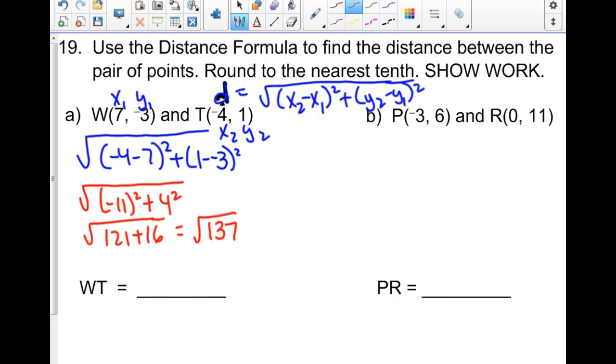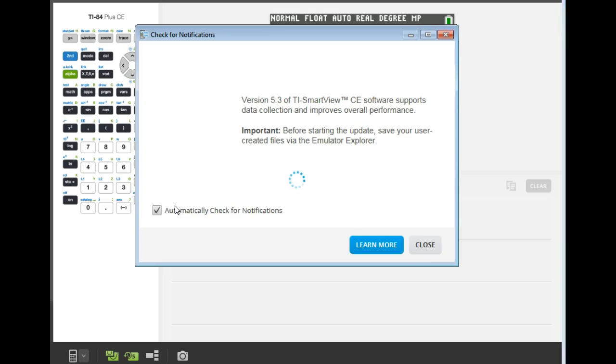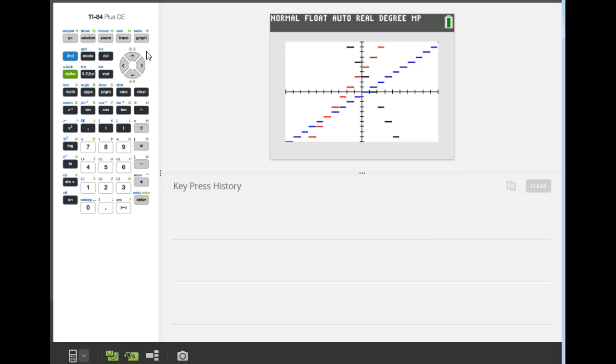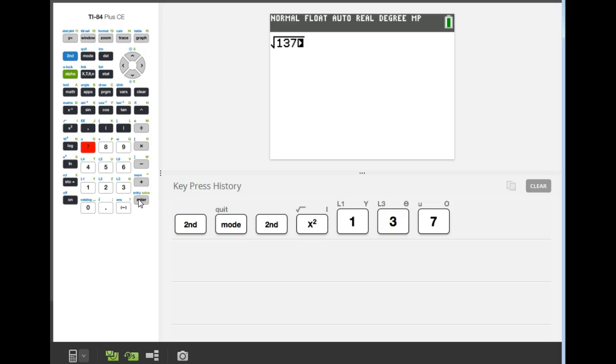You can grab the calculator and type the square root of 137. Or you could type all of that stuff in parentheses right on the calculator. Should be getting 11.7.